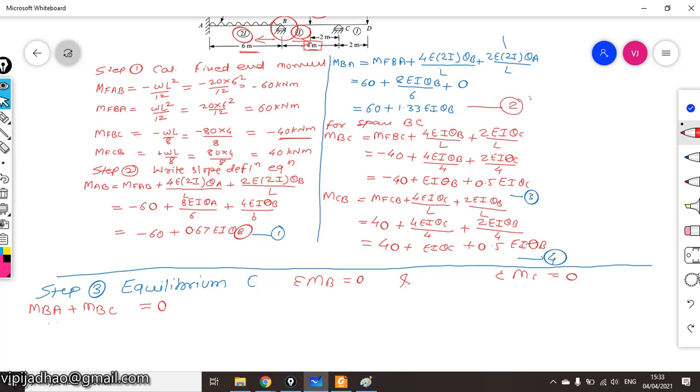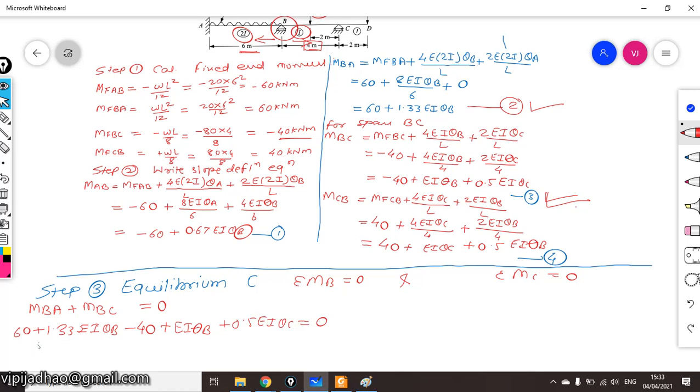Add these two terms, equation number 2 and equation number 3. You will get 60 plus 1.33 EI theta B plus MBC, which is minus 40 plus EI theta B plus 0.5 EI theta C, equal to 0.